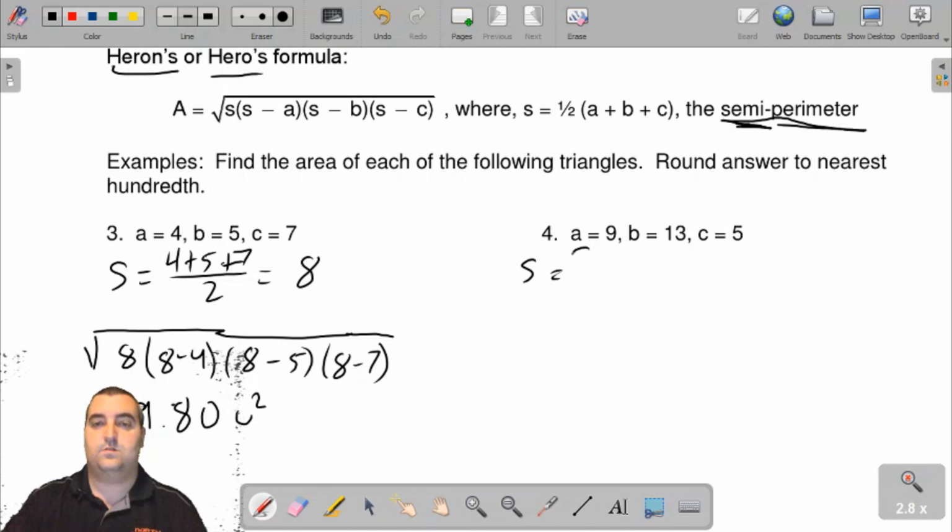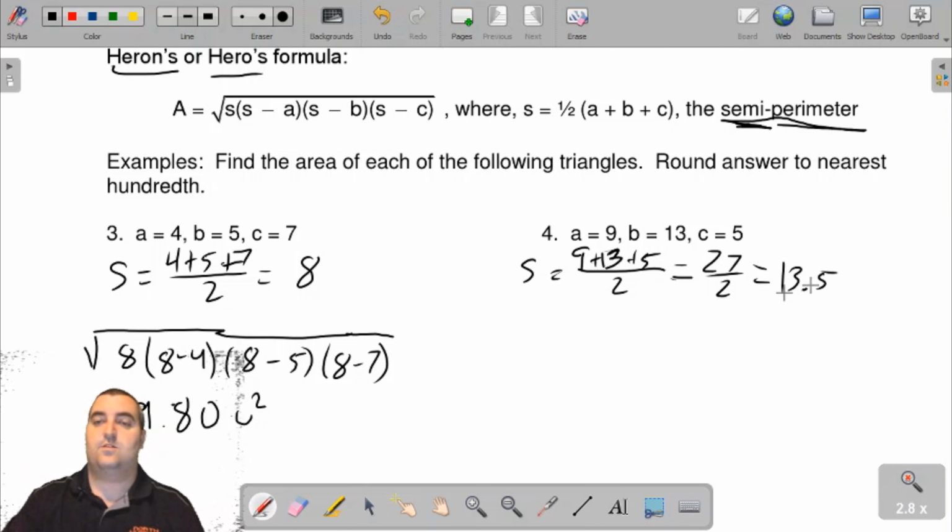S equals 9 plus 13 plus 5 over 2. So 9 plus 13 is 22, plus 5 is 27. So 27 halves, or 13.5.